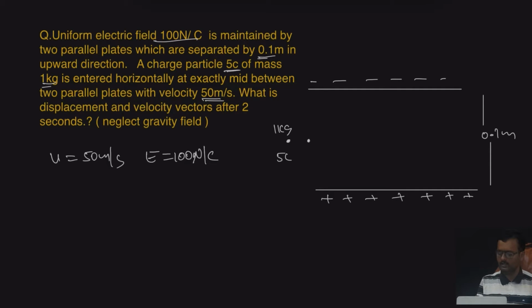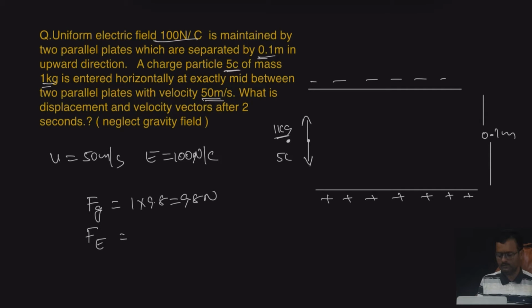On the particle, one force is the electrostatic force because it has a charge, and the gravity force is in the downward direction because it has a mass. So gravity force is equal to mg, mass is 1 and g is 9.8, so this is 9.8 Newton.